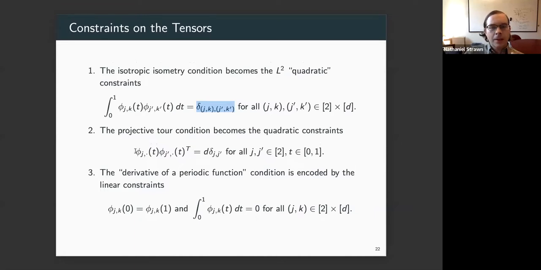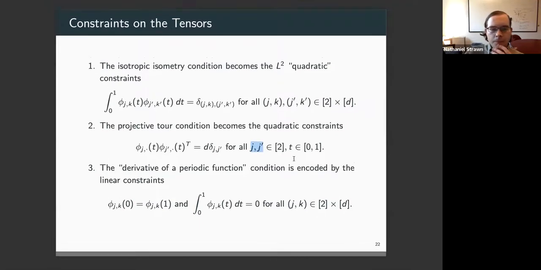Well, if I take the inner product of the row j with the row j prime, well, that gives me d times a delta function, right? I have to do some scaling because I did the isotropic isometry condition here, so some scaling had to happen. But this happens for all j and j prime in the 2 set, consisting of just the points 1 and 2, and all t in the interval 0, 1.